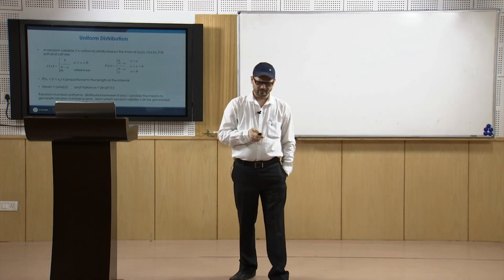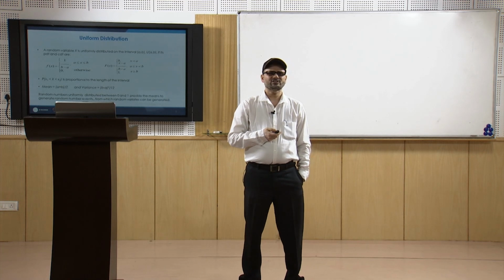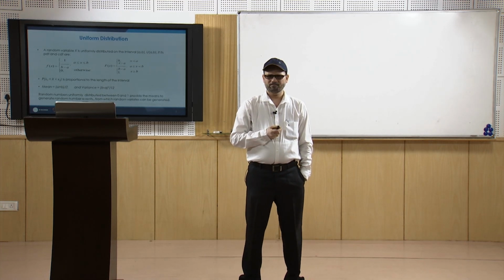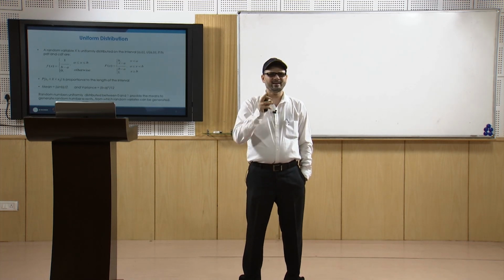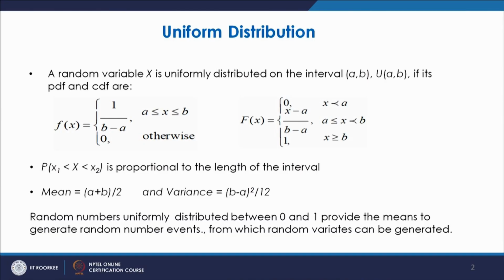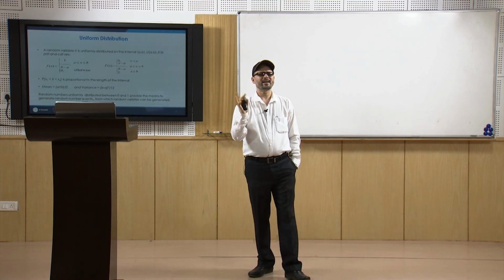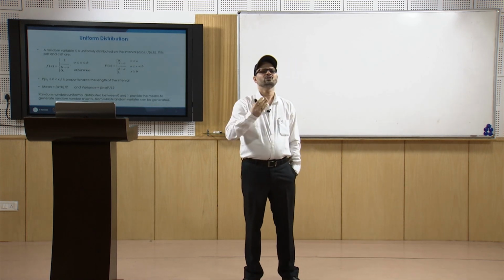That is why f(x) is defined as 1 by b minus a when x is from a to b. So, if x is between a and b, f(x) equals 1 by b minus a, and it is 0 otherwise. If you have any value other than between a and b, then its probability value is 0.